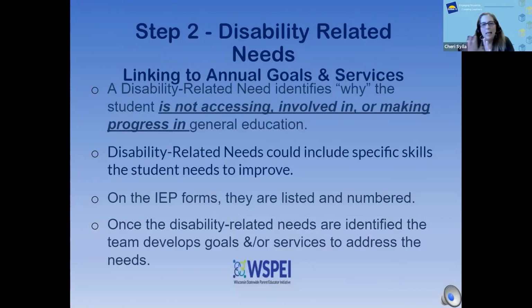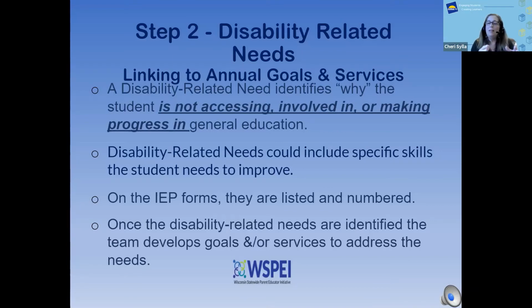This slide just kind of puts it all together, how disability related needs identify the why for the student. So we just identified those disability related needs, the two of them. So we're identifying those. We're then linking those disability related needs to writing goals or services.